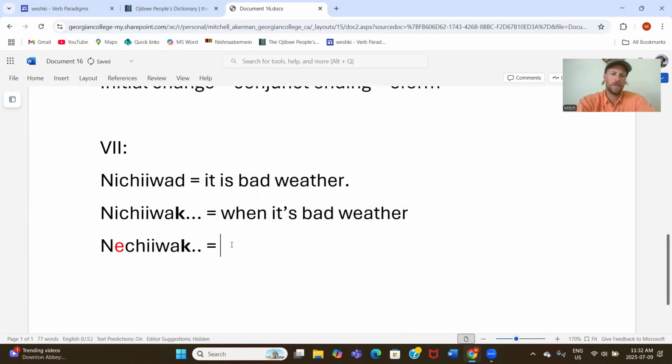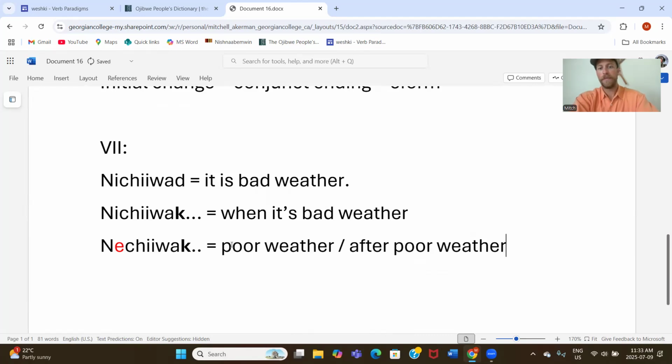And this one's a little bit weird to interpret. You could just view it as poor weather, like for the weather to be bad, Nechiwak, for it to be poor weather. Or you could view it as sometimes C form creates the after, so it could be like after poor weather.